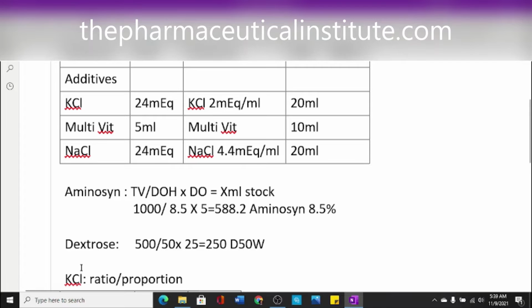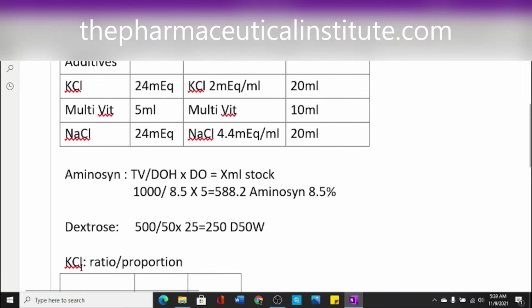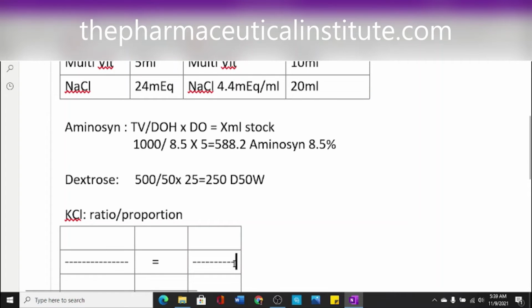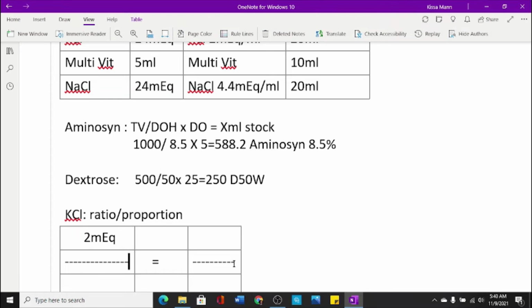Next, we need to calculate the volumes needed for our additives. Now, in calculating our additives, we will utilize the ratio proportion equation. It is simpler. For potassium, we're going to start with dose on hand, 2 milliequivalents per milliliter.